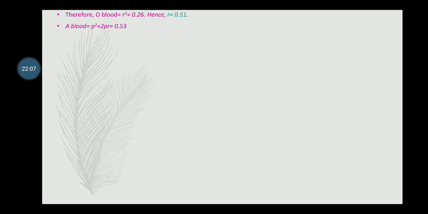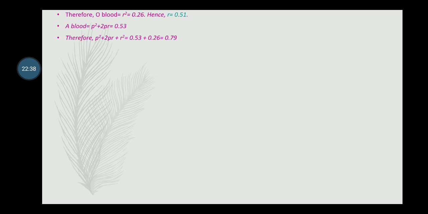Now, A blood group means P square plus 2PR, and the phenotypic frequency given is 0.53. Therefore, P square plus 2PR is equal to 0.53. If we add R square on both sides, P square plus 2PR plus R square is equal to 0.53 plus 0.26, that is the value of R square, which is 0.79.